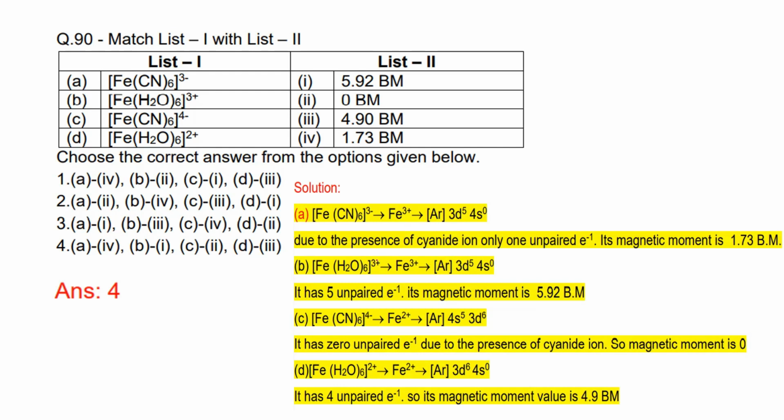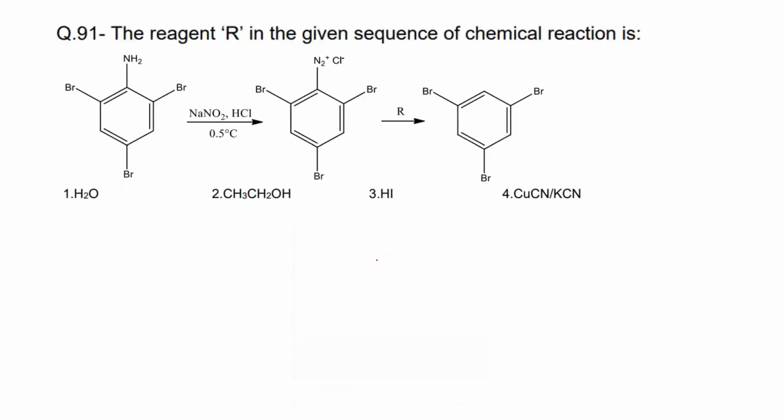So next question, question number 91, we'll see now. The reagent R in the given sequence of chemical reactions is. So first we are doing diazotization. So we got diazonium chloride, and then we are removing that diazonium group, and we are getting a completely 1,3,5 tribromobenzene.